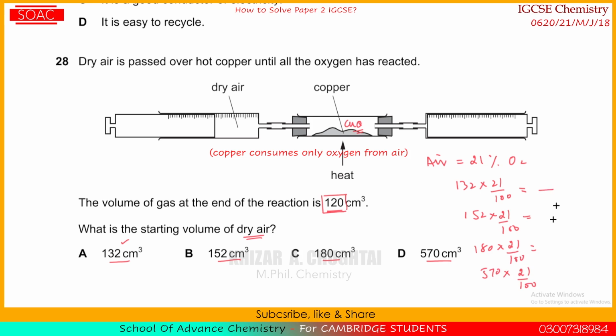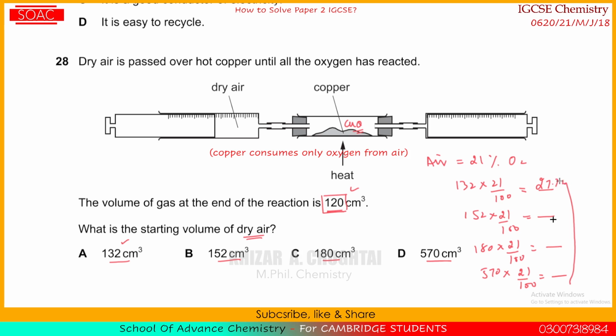So these answers are basically the oxygen consumed. Then we will subtract these answers from these numbers and we will get the remaining volume.